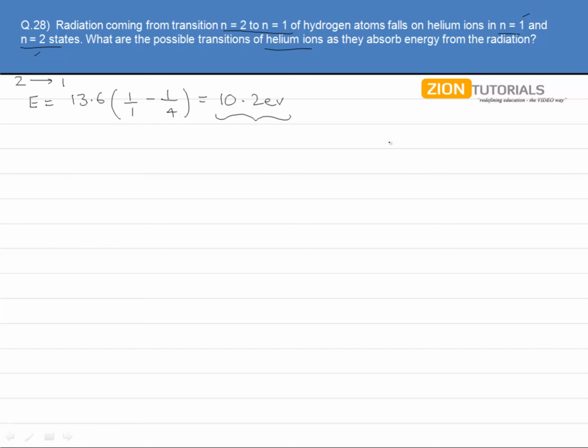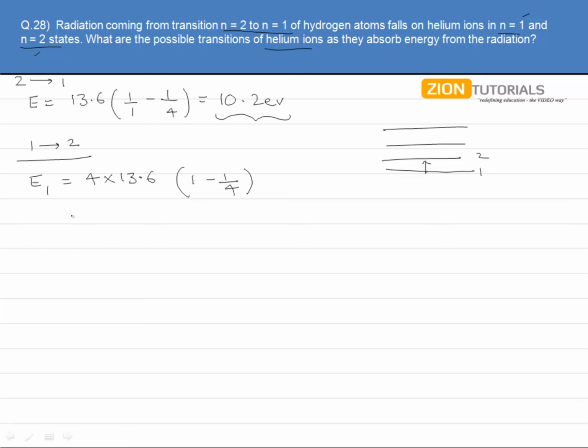Now if we let these to be the energy levels 1 and 2, let us first see the transition from 1 to 2. When the transition is 1 to 2, then the energy comes out to be 4 into 13.6, 1 minus 1 by 4, giving us 40.8 electron volts.